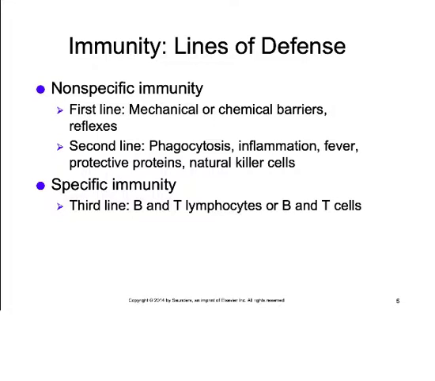The chemical barriers are the secretions that come from those mechanical barriers, and they include mucus from the mucous membranes, oil and sweat that comes from the skin. And there are components in those secretions that retard bacterial growth.